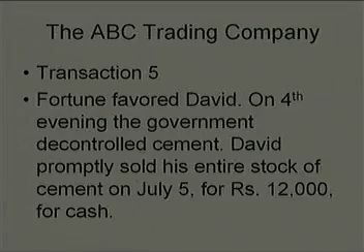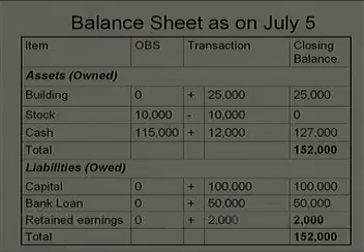Fortune favored David. On 4th evening, the government decontrolled cement. David promptly sold his entire stock of cement on July 5th for rupees 12,000 for cash. So transaction 5, the company has sold the entire stock of cement for rupees 12,000. Now let's look at how the balance sheet looks.